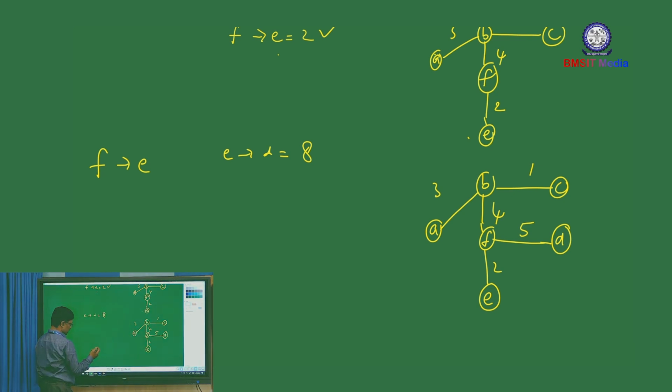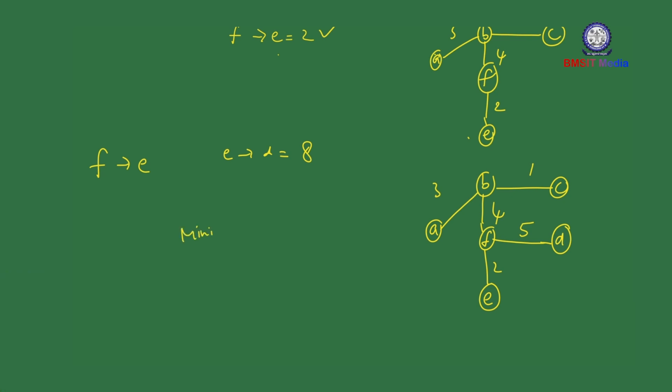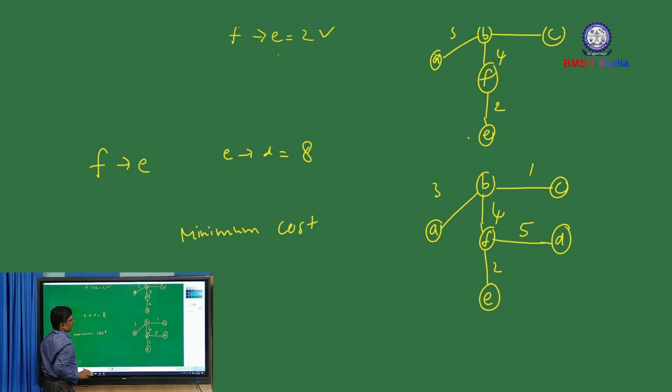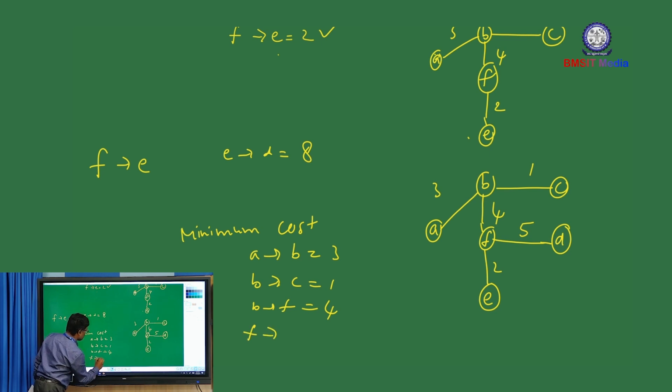So now you have to write the minimum cost. Minimum cost is A to B 3, B to C 1, B to F 4, F to D 5, F to E is equal to 2.